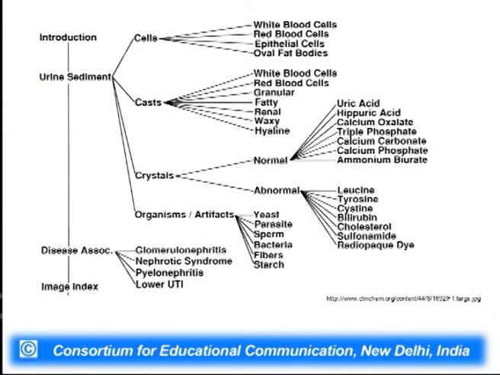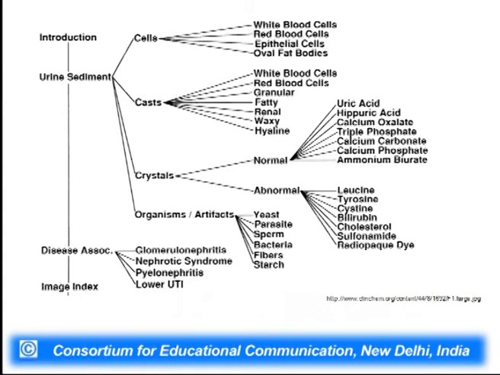In the urine sediment, the cells generally observed are white blood cells, red blood cells, epithelial cells, and fat bodies, which include cholesterol. Among the casts, white blood cell, red blood cell, granular, fatty, renal, waxy and hyaline casts are observed.